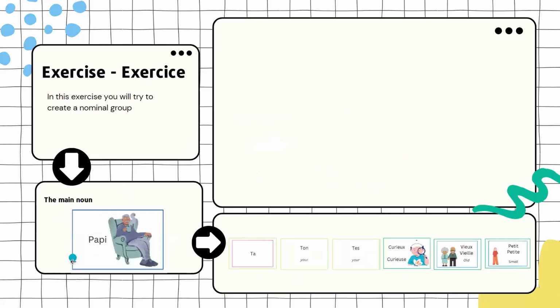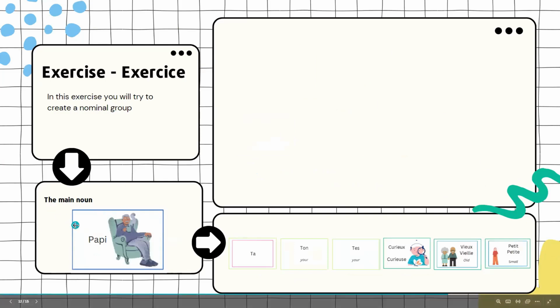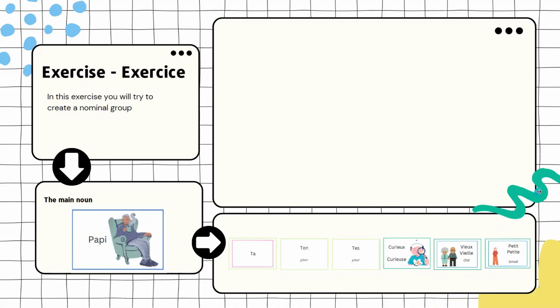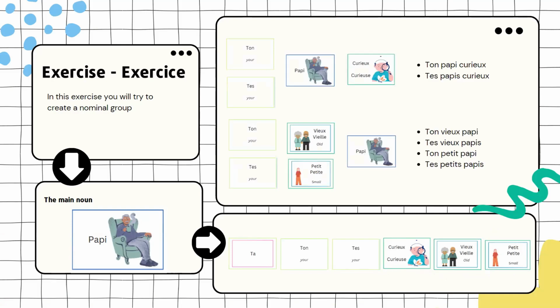All right, let's do another one. I selected the main noun papy, grandpa, and the various elements I selected are ta, ton, tes, curieux, vieux, petit, petite, vieux, vieille, petit, petite. You can pause here, make the different combinations, and we're going to correct now. Here we have many options.